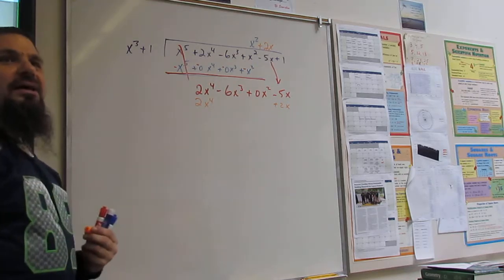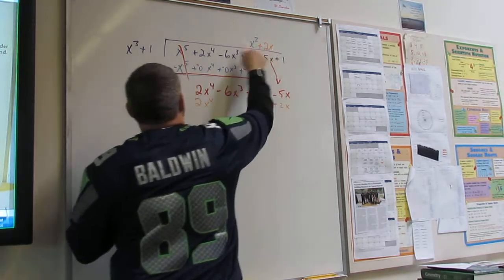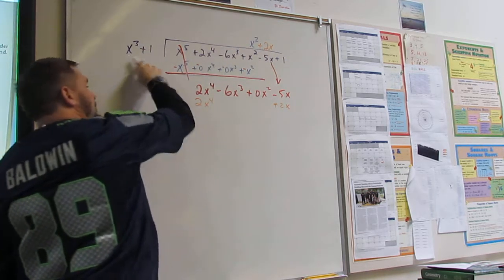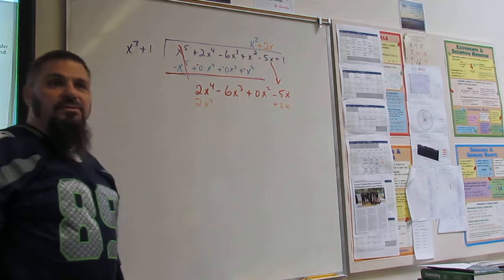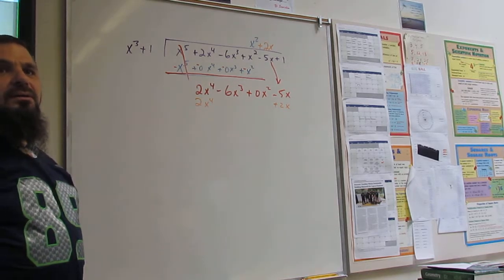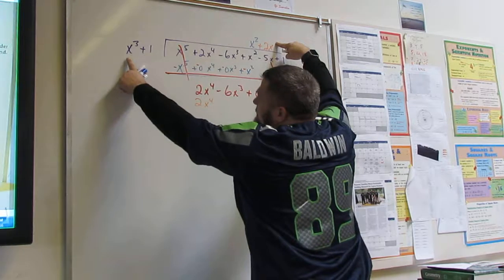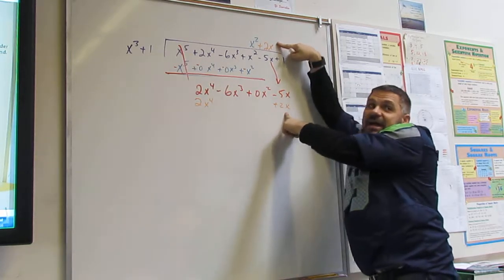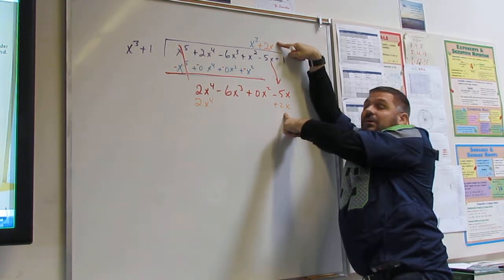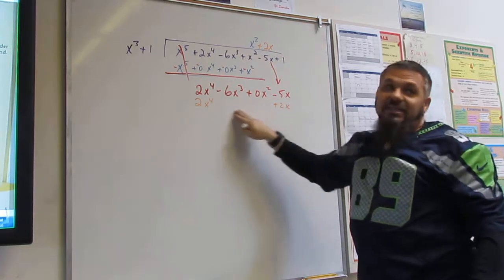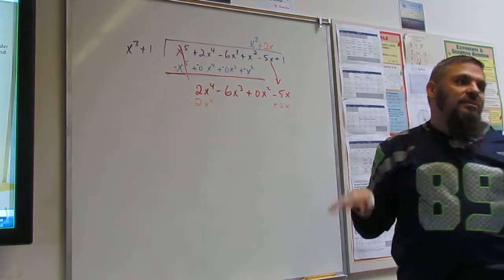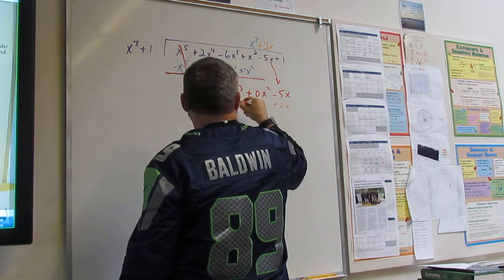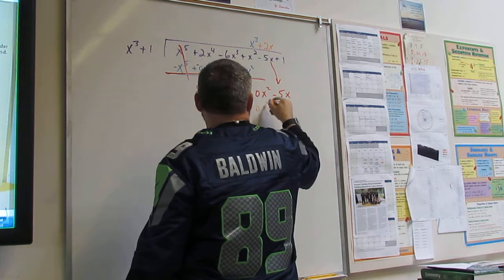How do we do it? Would it be 2x times x? 2x times x cubed is 2x to the fourth, right? 2x times 1 is 2x, right? And then everything else gets filled in as 0, plus 0x cubed plus 0x squared, right?